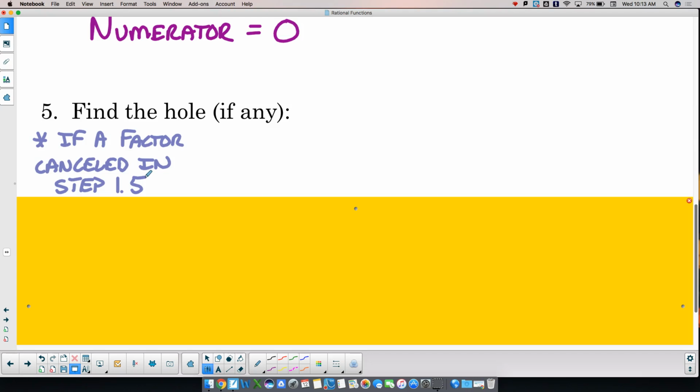Okay? So the first thing that I do is what? I set that factored out factor equal to 0. Okay? And then what? And then plug that into my new function, my remaining function, right?